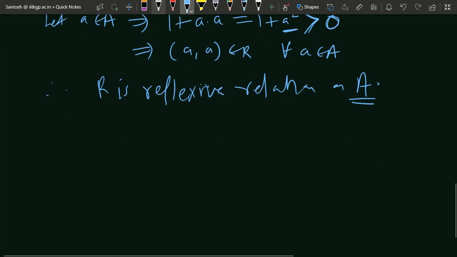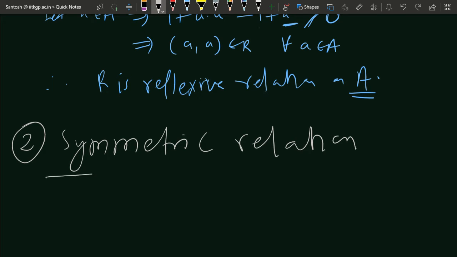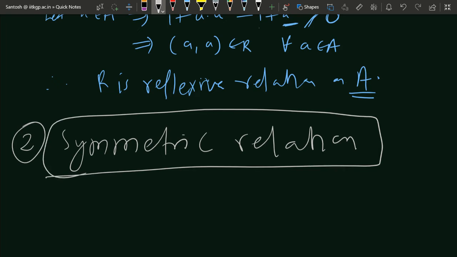Now we come to the next type. The next type is symmetric relation. So the second type we have is symmetric relation. Now can anyone tell the definition of symmetric relation?